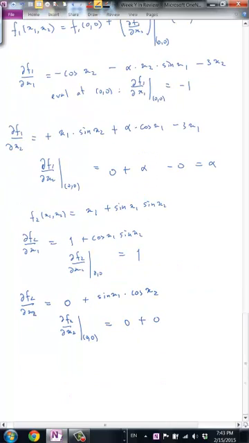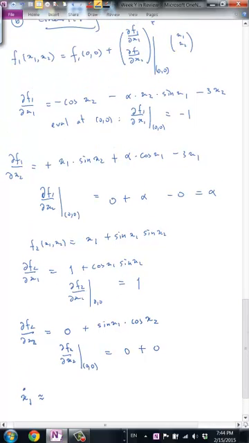So putting this all together, x1 dot is approximately equal to f1 of 0, which is 0, plus the gradient.